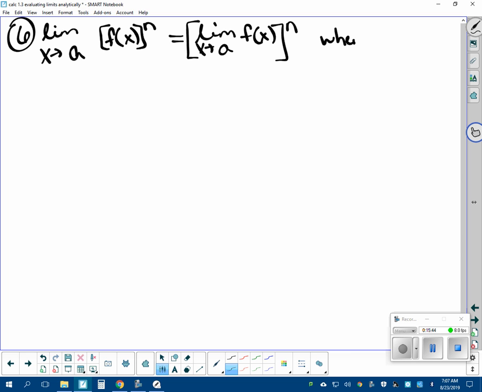And we should say what n is, where n is a positive integer. So you can either, on the left side, evaluate the function to the exponent and then take the limit, but it is equal to what's on the right side, taking the limit of the function and then raising the limit to the exponent.